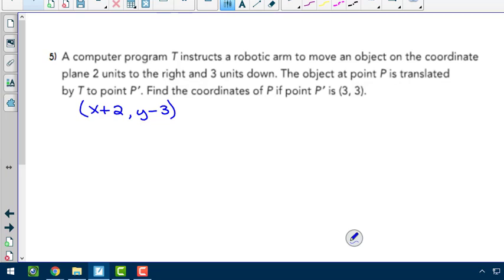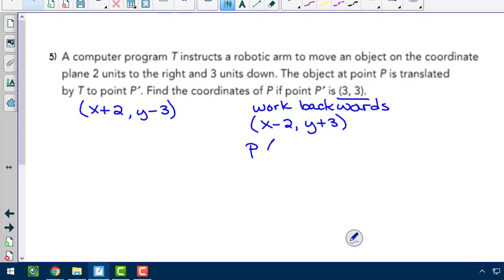Find the coordinates of P if they give you P prime. So they've already done the transformation to get the P prime. We're working backwards. So you have to work backwards on this, which means we would do the inverse of my x plus 2. We would do x minus 2 and y plus 3 to get the original P.